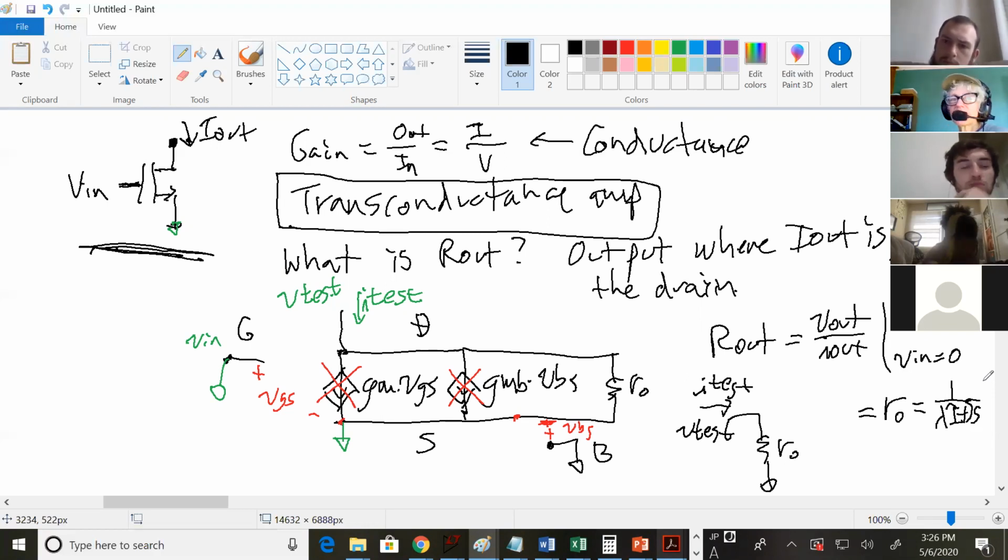So this is a really big R. But wait a minute, didn't we want what for an ideal op amp? Do you like big R outs or small R outs? Small. But this is a big R out, but it's actually good to have a big R out.